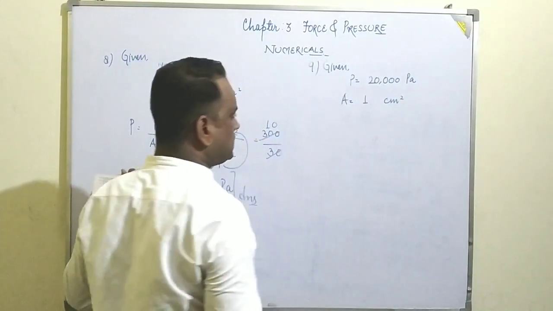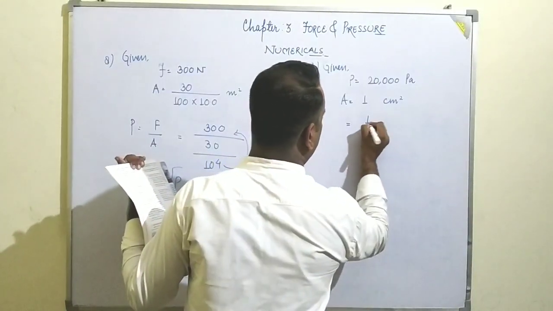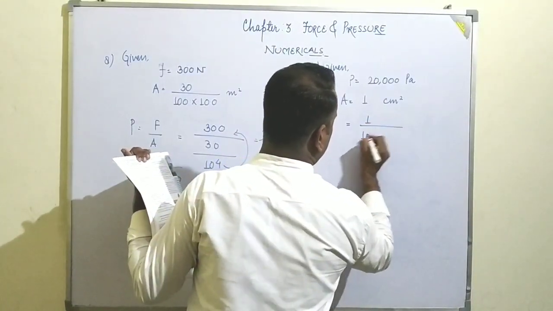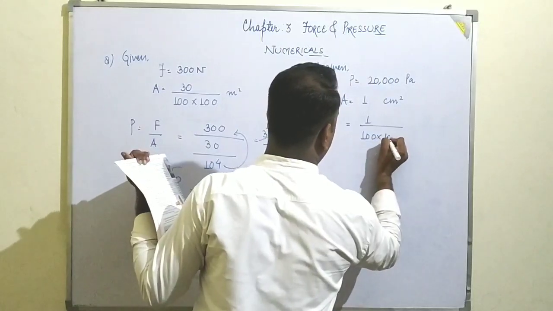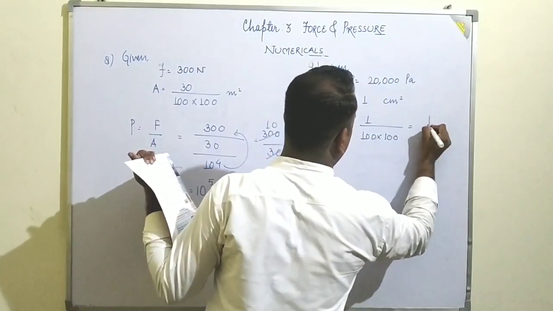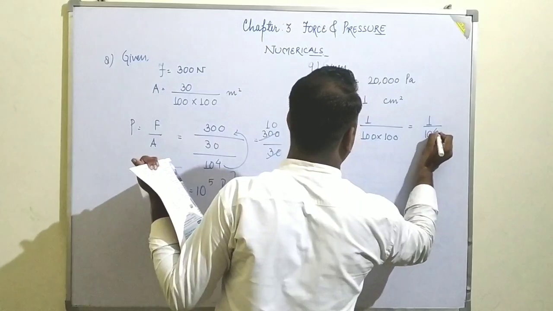To convert into SI, what will we do? 1 upon 100 into 100, so it will be 1 upon 10 to the power 4.